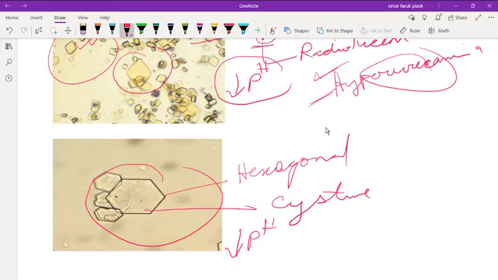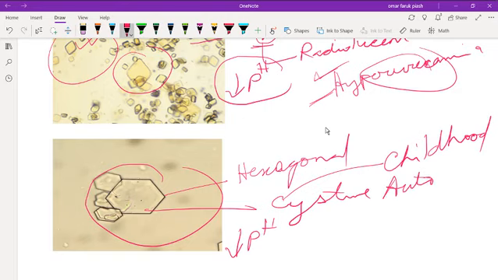And the cystine stone, you have to remember that it usually occurs in childhood, and this is an autosomal recessive disease.